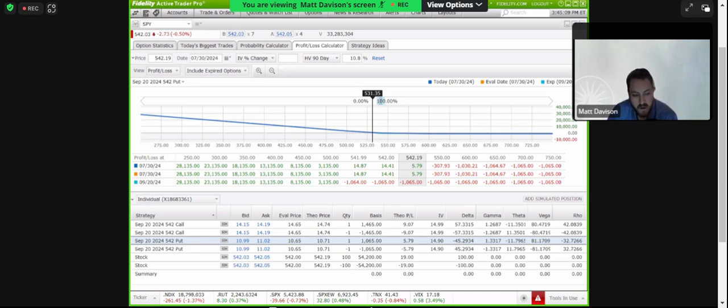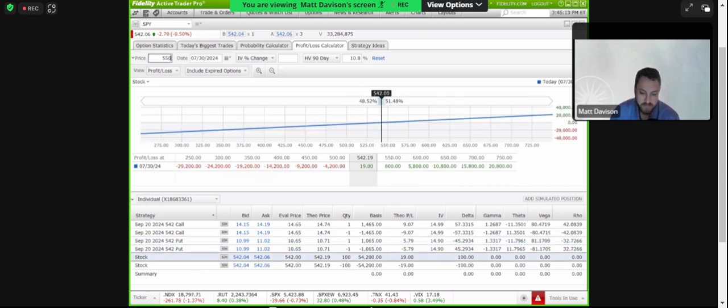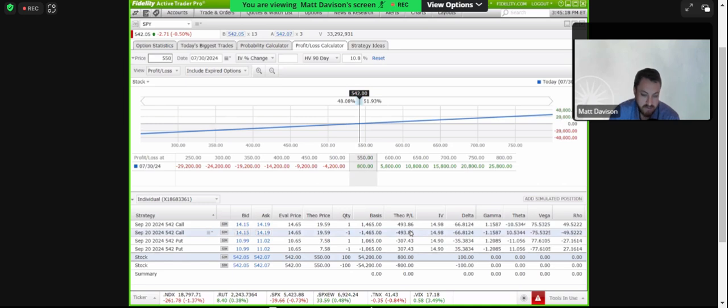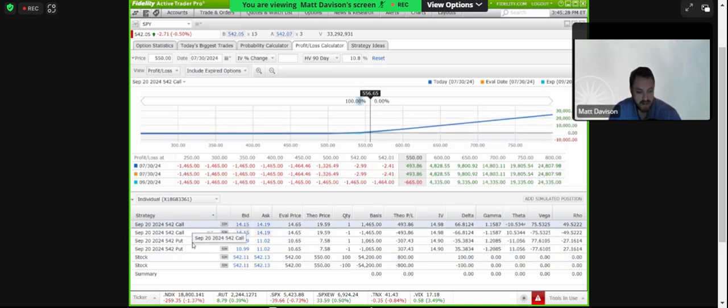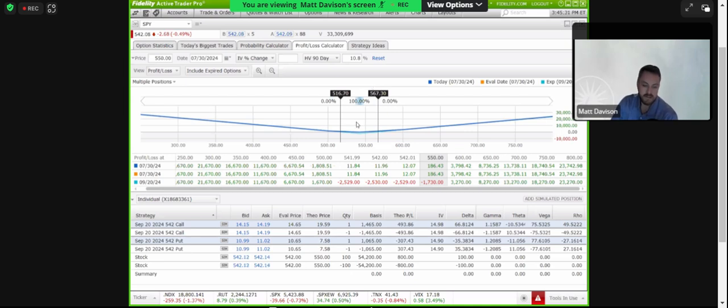It's not that those completely go away, but as you can see, when we're using the same date and we have it go to 550, the profits and losses are going to be effectively right there knocking on the door of one another when we're comparing that versus this and this.